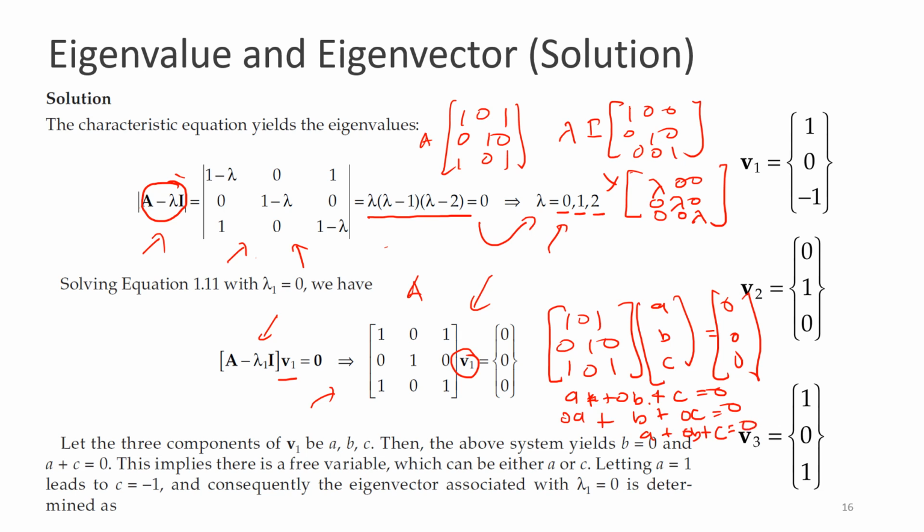So now you have the associated b equal to 0, and then a plus c is equal to 0.